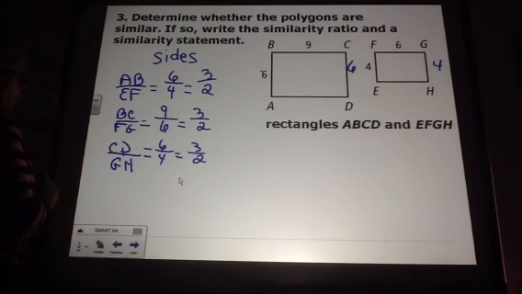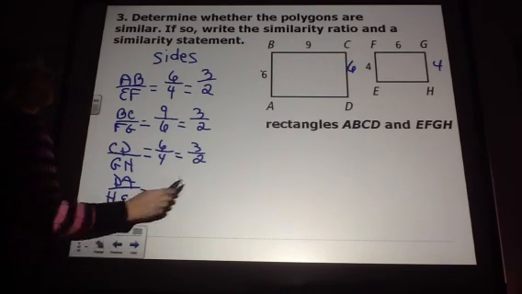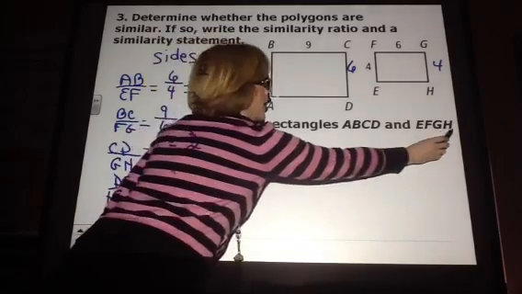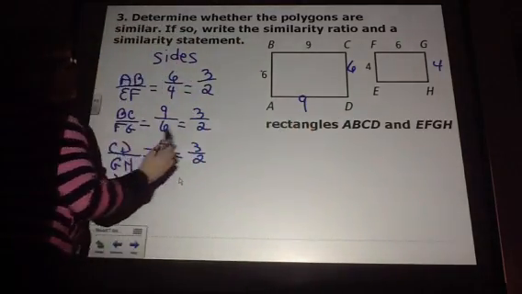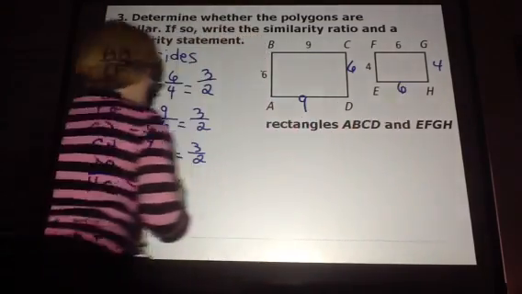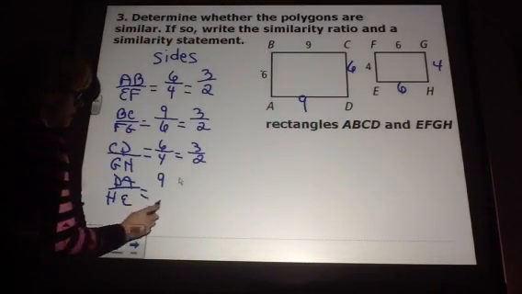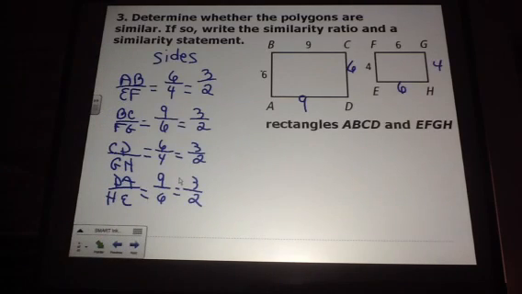And then our last corresponding sides are DA and HE. DA is congruent to BC, so that's 9. HE is congruent to GF, so that's 6. So that's 9 over 6. And that equals 3 over 2.